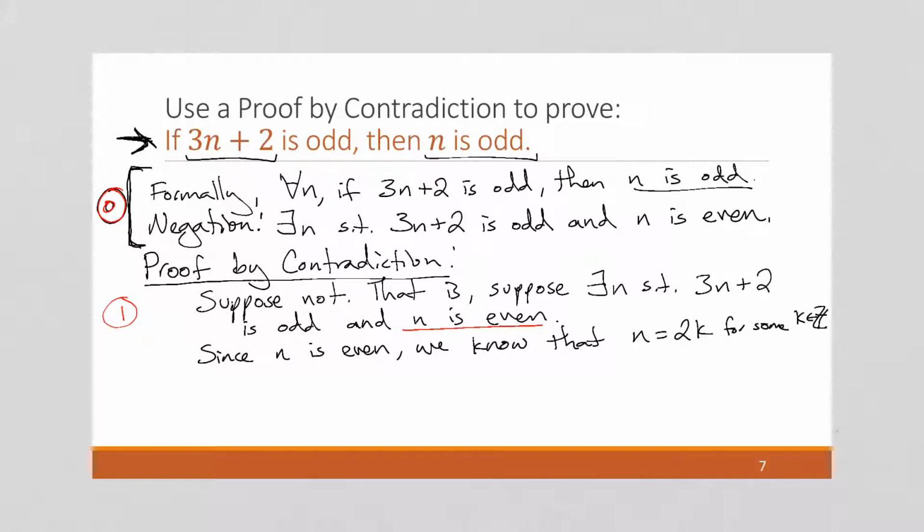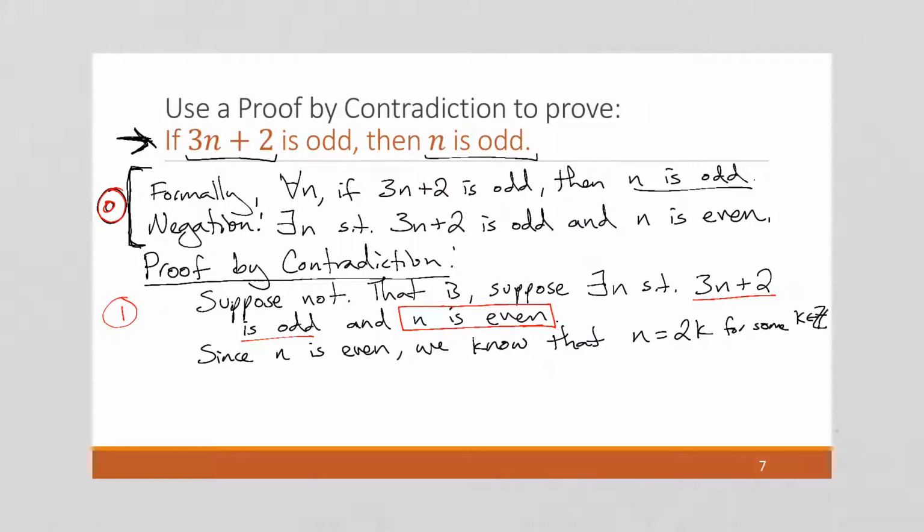Now notice there's two parts. We're supposing n is even, and I'm supposing 3n plus 2 is odd. I strongly recommend, in fact, there may be exceptions to this occasionally, but 99% of the time, you want to pick one of these to start with. You do not want to start with both. This is the same as the logical fallacy where you set two things equal and you walk down.